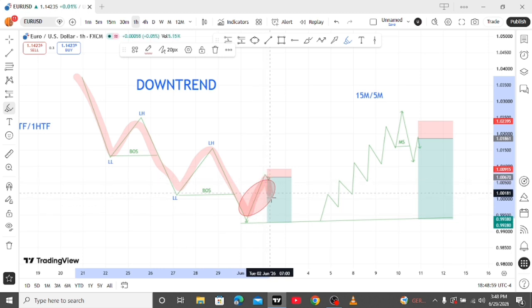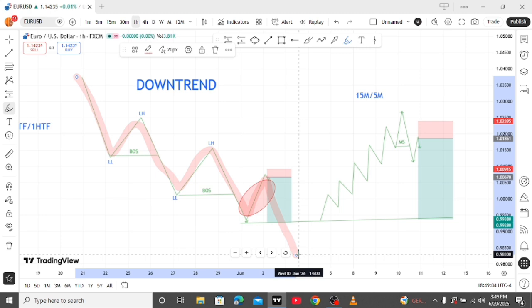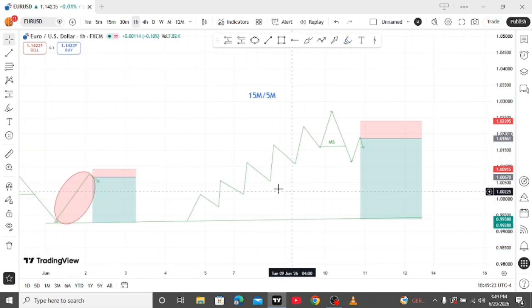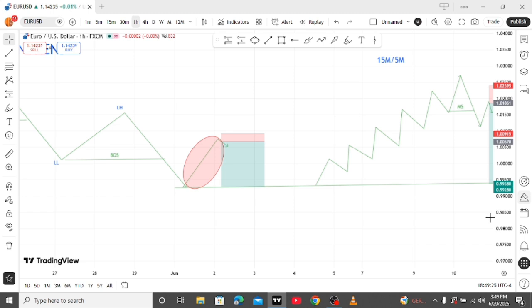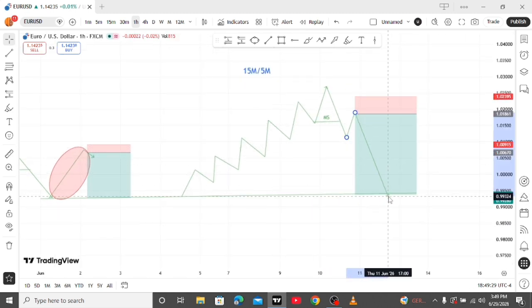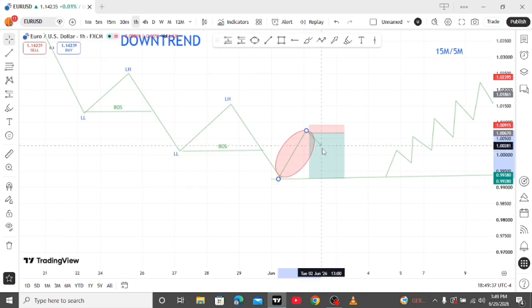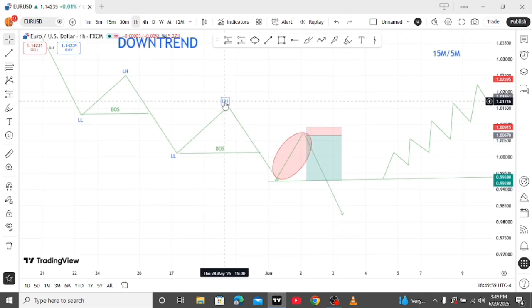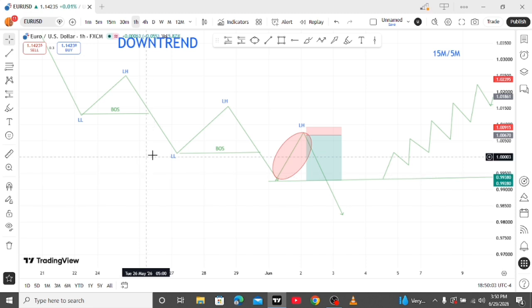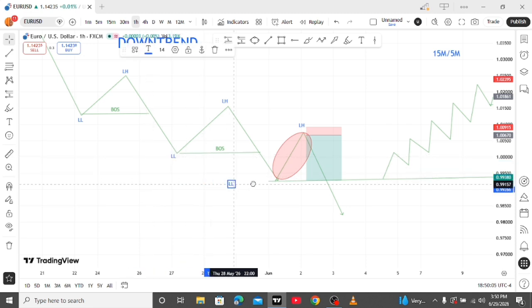So we're expecting the market to continue going down, giving us a lower low. So what do we expect? We're expecting the market to go down straight to our take profits. This is your new lower high and this is your new lower low.